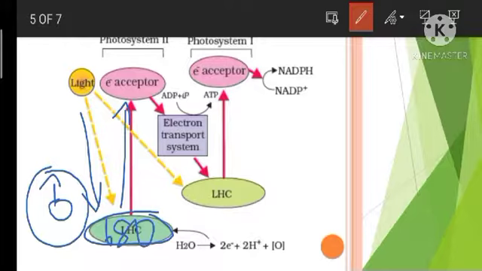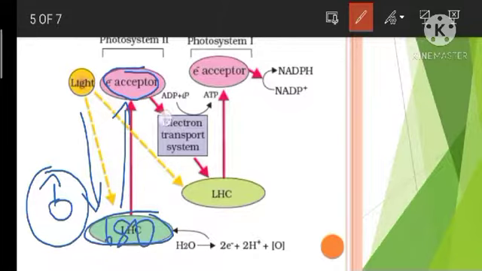Normally an iron sulfur protein is a primary electron acceptor, which will be present on the outer surface of the thylakoid membrane. This primary electron acceptor will not utilize the electron, but it will just receive it and then transfer it to the electron transport system.